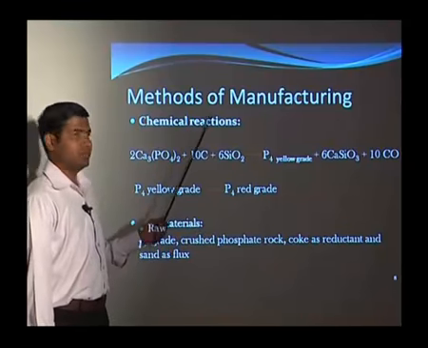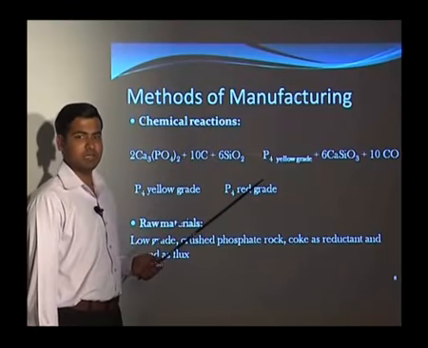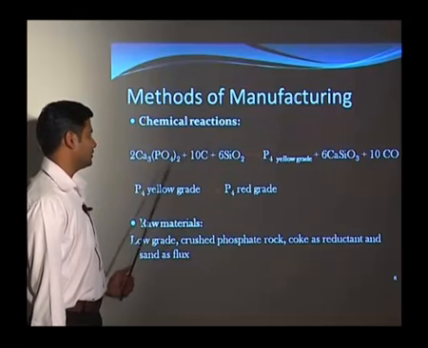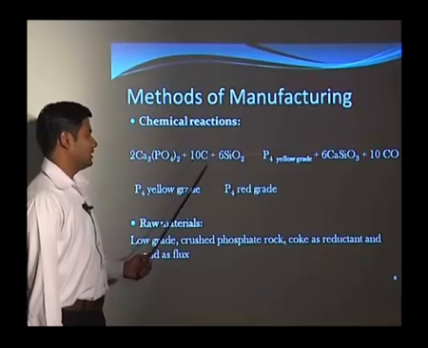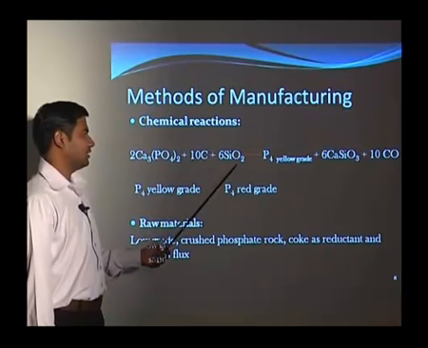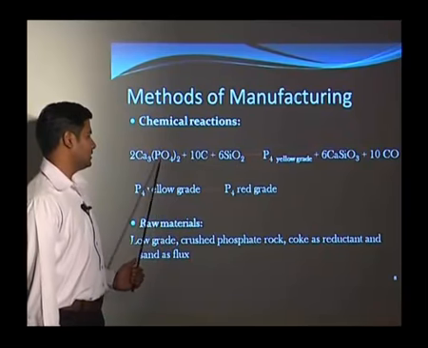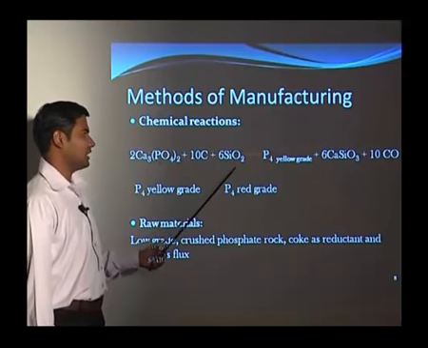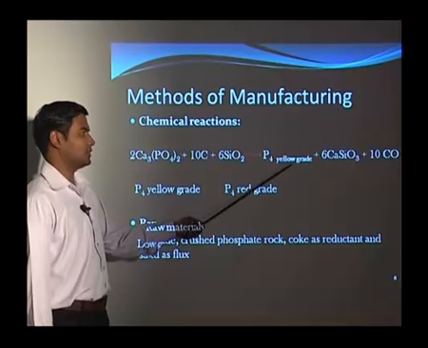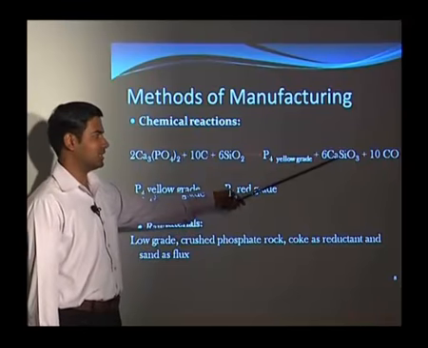So if we see the method of manufacturing elemental phosphorus, the reaction follows. This is the rock phosphate, Ca3(PO4)2, and we use carbon and silicon dioxide, which gives yellow grade phosphorus, and calcium silicate is the byproduct.